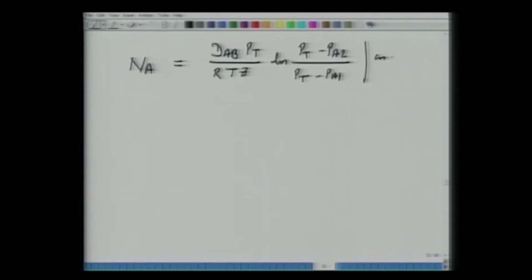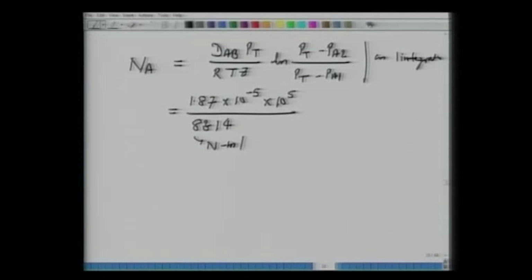This is what we did in the previous lecture, and we can start from here also. All we have to do now is substitute the numerical values: 1.787 times 10 to the power minus 5 for diffusivity, total pressure 1 atmosphere, 10 to the power 5, gas constant R 8314, with units of Newton meter per kilomole Kelvin.